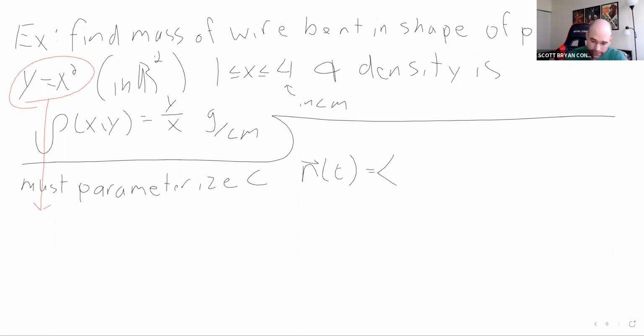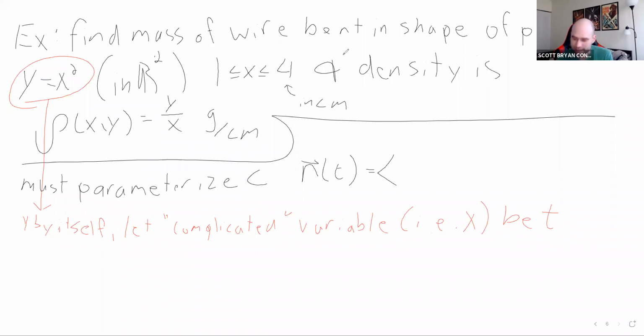So we're going to let the complicated variable, the one not by itself, in other words x, just be t.